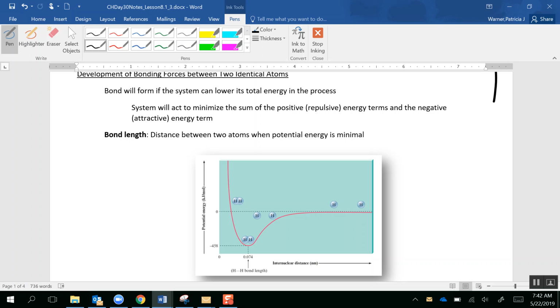So identical atoms like hydrogen in the diagram shown here will come close to each other until they form the lowest energy. And so if you look down here, that hydrogen-hydrogen bond length is about 0.074 nanometers, and that's where that hydrogen bond is lowest in energy. Those hydrogen atoms are sharing electrons, so they're forming a covalent bond.